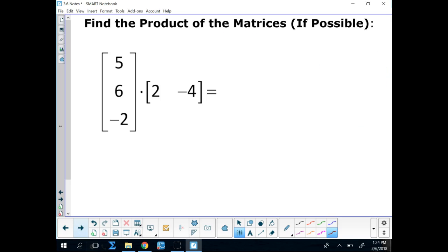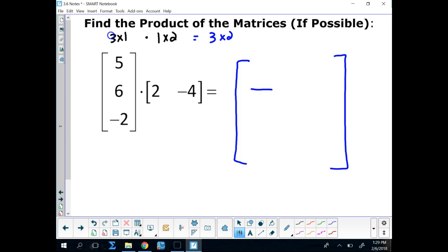Next one. Try it. Possible, not possible. Possible. Okay, dimensions of the first one, 3 by 1. Dimensions of the second one, 1 by 2. That leaves me with a 3 by 2 result. Row 1, column 1, so that's going to be 5 times 2.